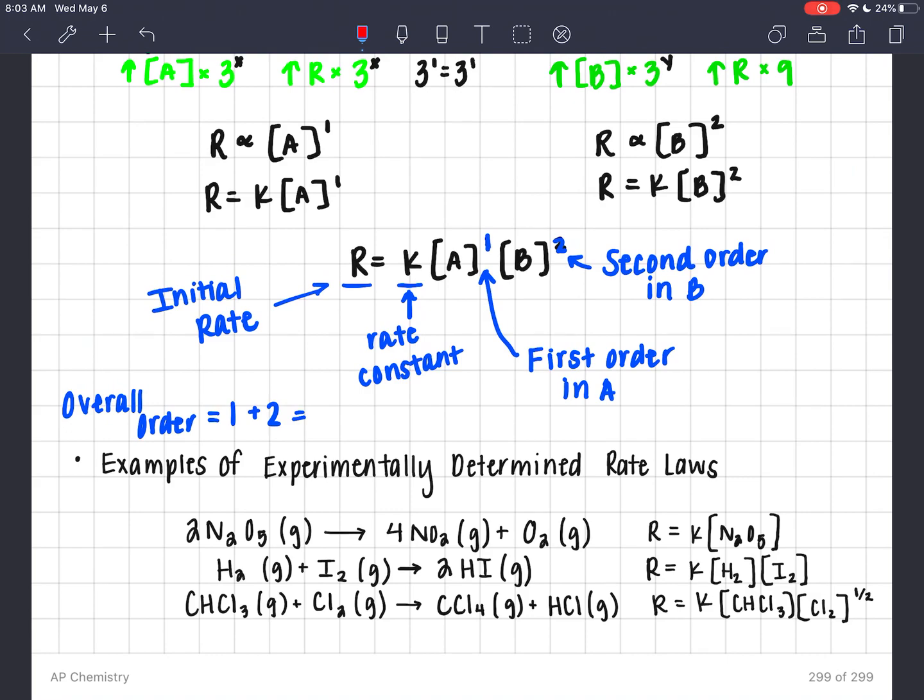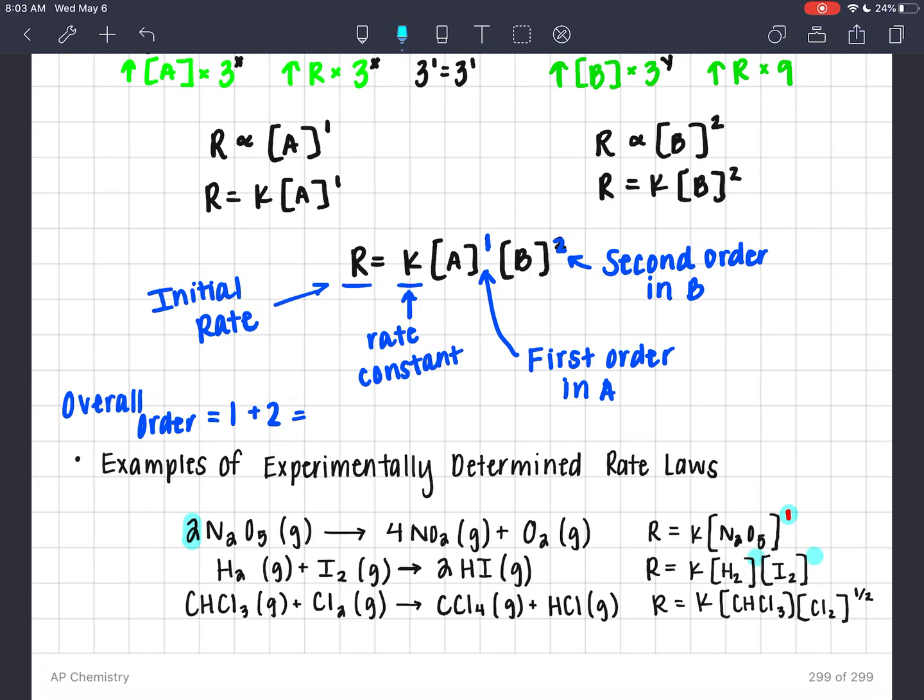So let's look at some examples of real life rate laws. We've got 3 reactions right here, and the point I'm trying to show you is examples where the coefficient is not the same as the exponent. So right here, this is a first order reaction. It's got an exponent of 1, yet my coefficient for this reactant is 2. It's not the same. That's okay.